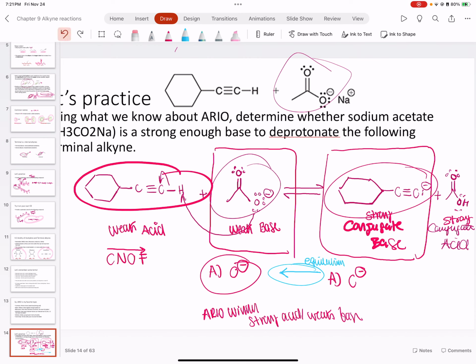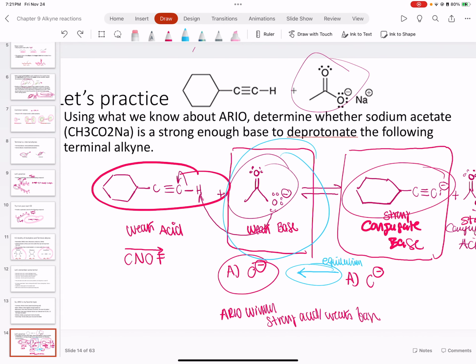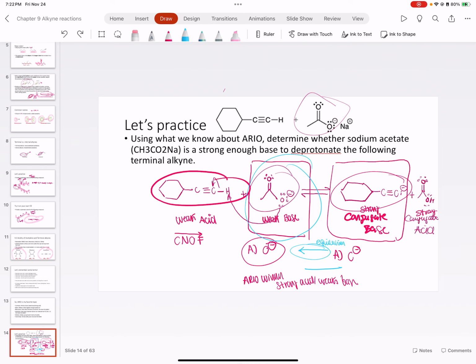That means that sodium acetate wasn't strong enough to deprotonate a terminal alkyne, because what they want ultimately is for the equilibrium to prefer this side. But since we did our ARIO and analyzed the reaction, we saw that equilibrium didn't want it and went this way. So sodium acetate wasn't strong enough to deprotonate that one.